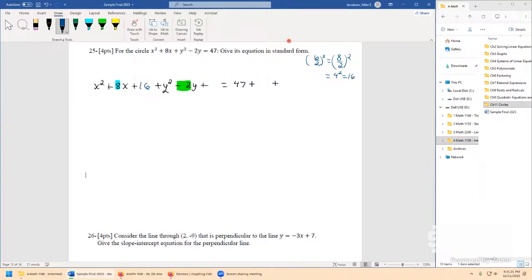So 16 will go here and here. Then do it again for the y coefficient. B over 2 squared on this one will be negative 2 over 2, which means it's negative 1 squared for just a positive 1. So we're adding 1 both here and here.